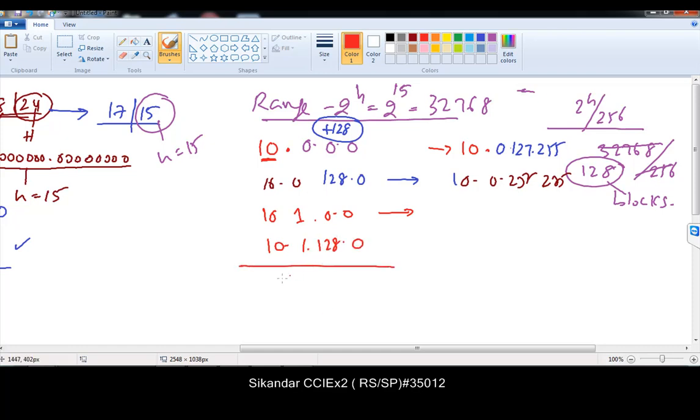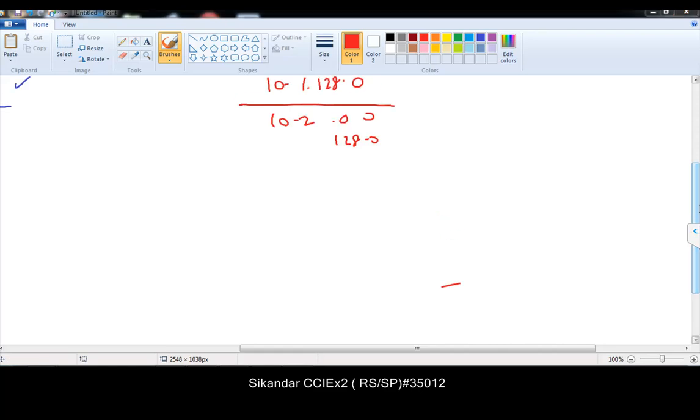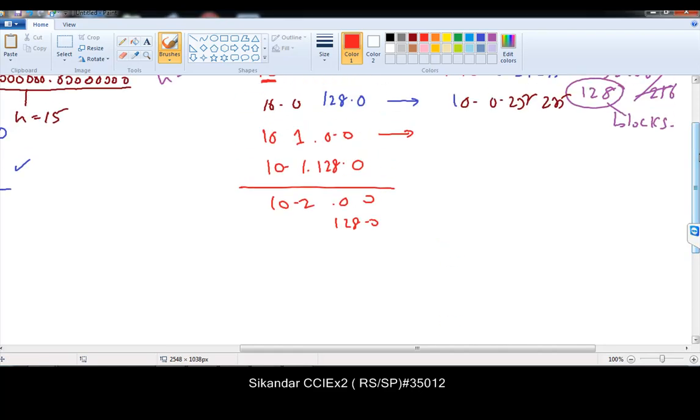Once we finish 10.1, we write 10.2.0.0, like this. If you go on writing, you get exactly 512 networks. No need to write all those 512 networks, but it's very important to know the range.